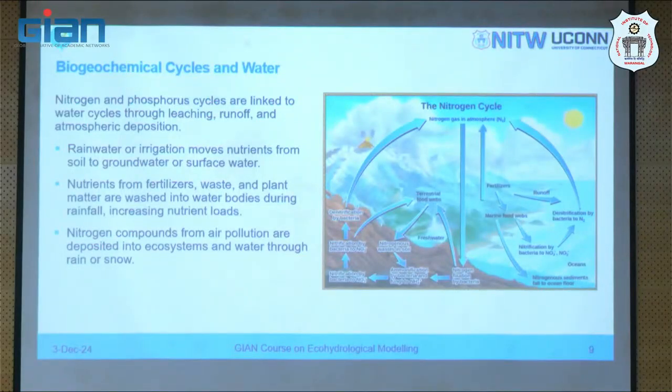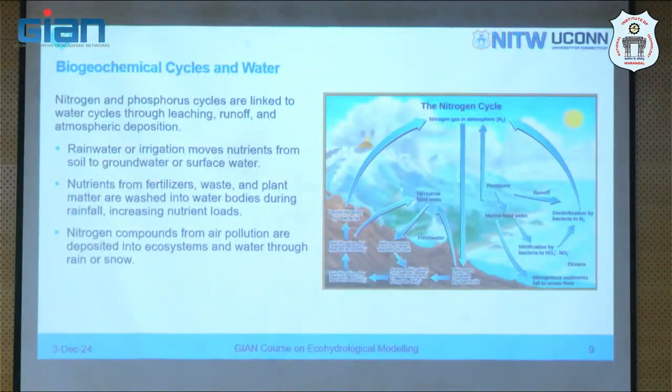It means that when the water body sees more of that nutrient, it will accelerate the algal bloom. So generally speaking, nitrogen is the limiting nutrient in salt water systems, and phosphorus is the limiting nutrient in freshwater systems.